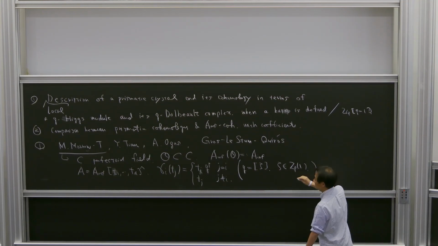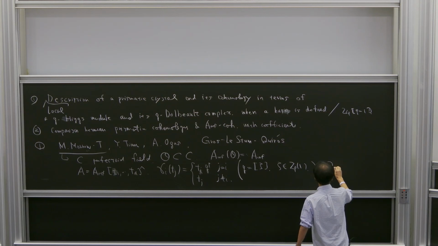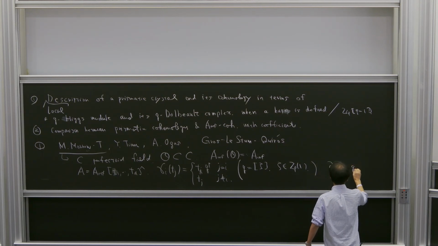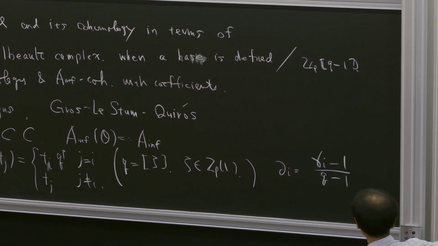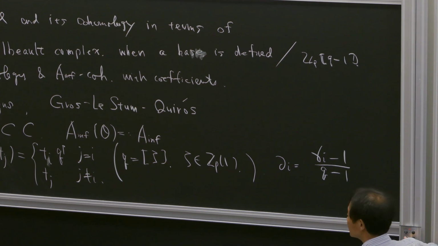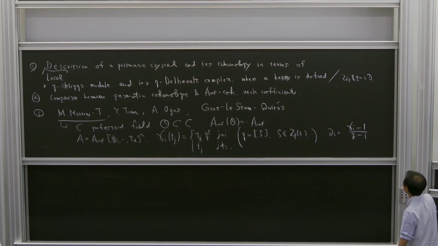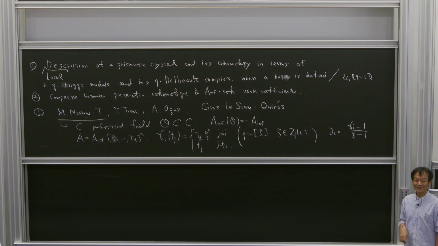And then we consider the derivation like this, gamma_i minus 1 over q minus 1, and consider the q-connection with respect to this derivation. We want to consider a q-deformation, a q-Higgs module.